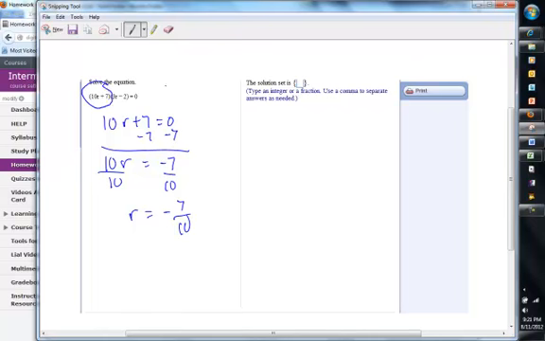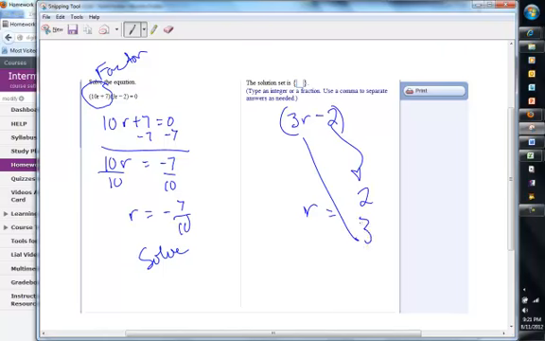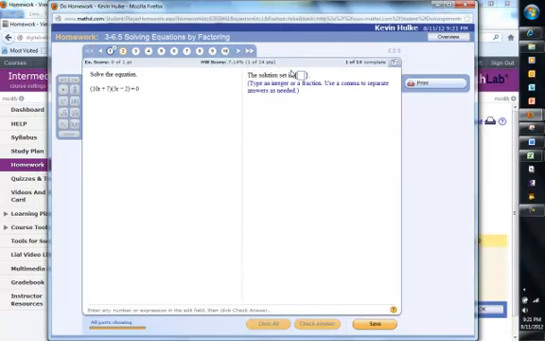Which, remember, this is the factored form, and this is the solve form that we would get from our calculator. So remember how we did that when we had 3r minus 2 as the factor. That meant that r was 2, this is the numerator, this is the denominator, and change the sign. So negative 7/10 and 2/3.